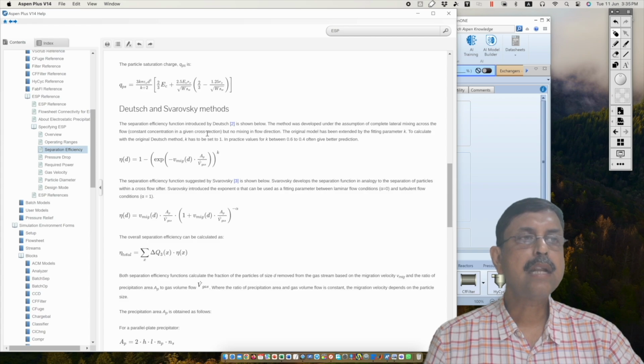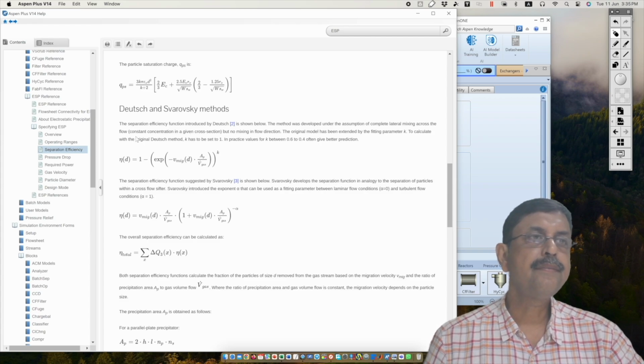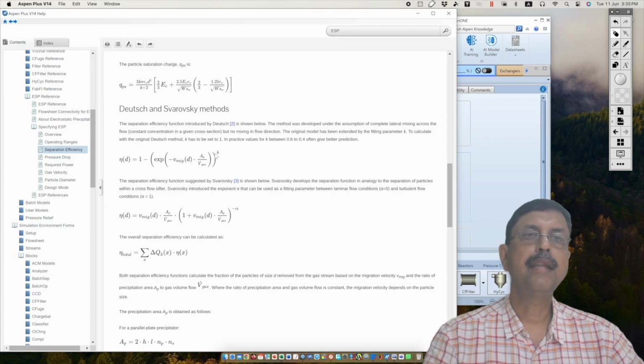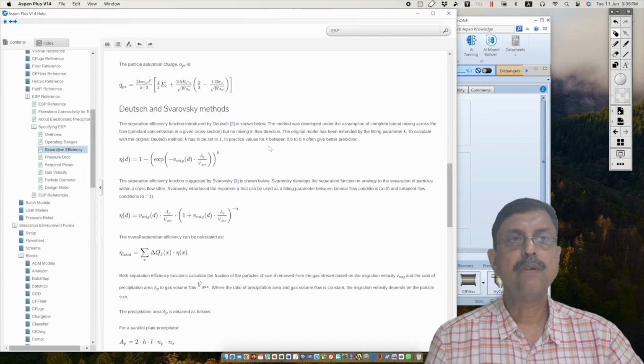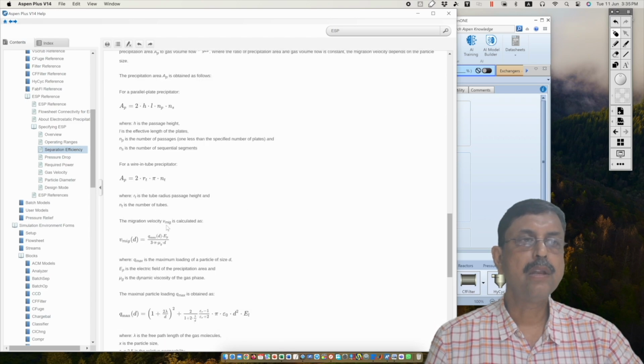In the original Deutsch method, that is the paper written by Deutsch himself, k was said to be 1, but later it has been refined, and later researchers have found k to be between 0.4 to 0.6.